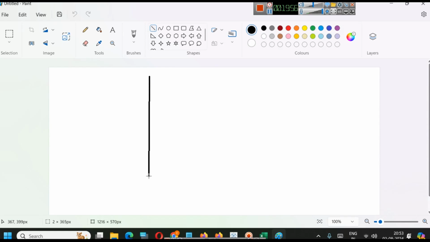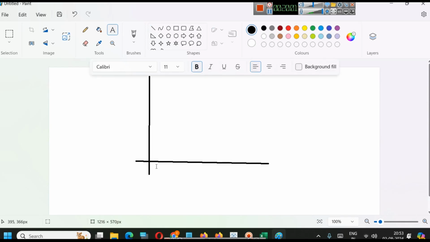On the x-axis you will mark 200, 220, 240, 260, 280. This is how we used to plot graphs. And then here you will write 5, 4, 3, 2, 1. I'm just writing it something like this.